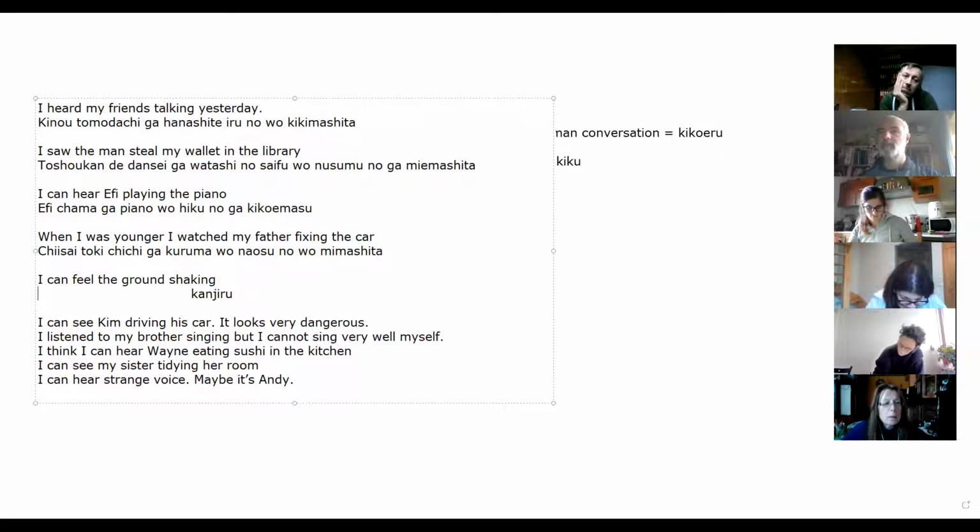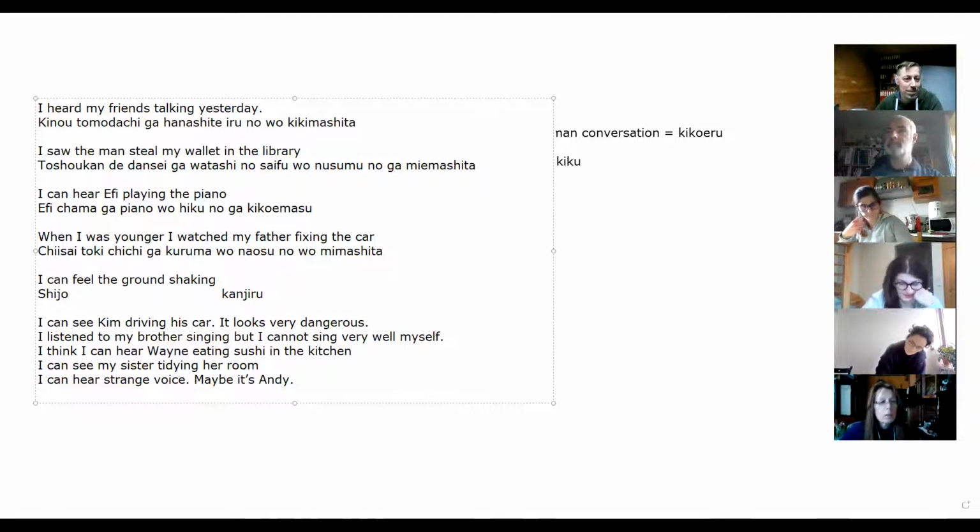Okay. Who knows what ground is? Chijo. Yes, but I think it's with a C. Chijo, cheese, something like that. I remember cheese, blood and ground, I think.